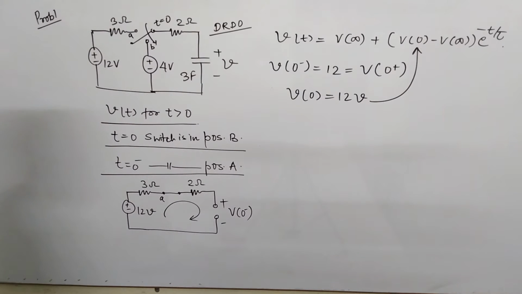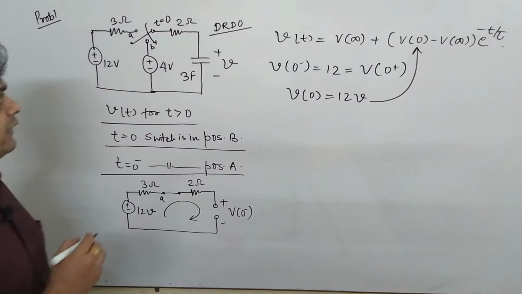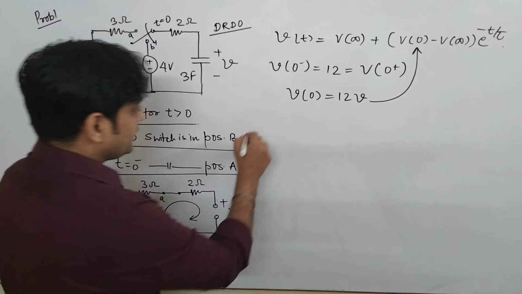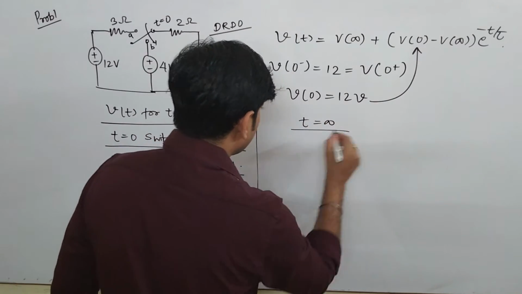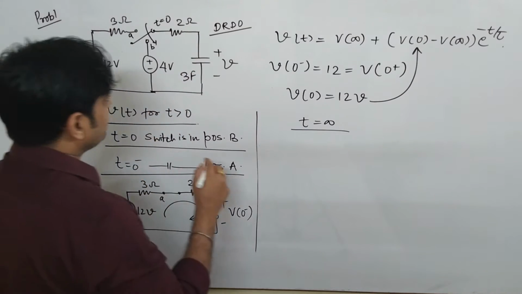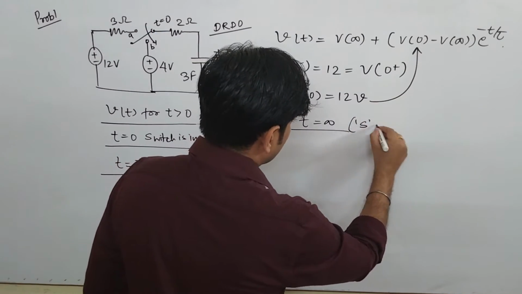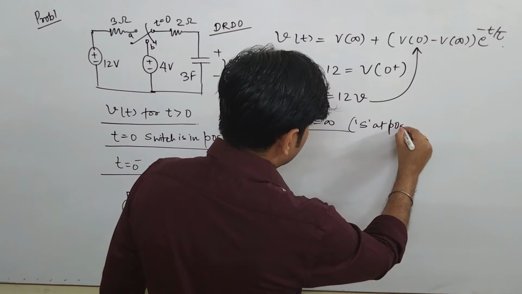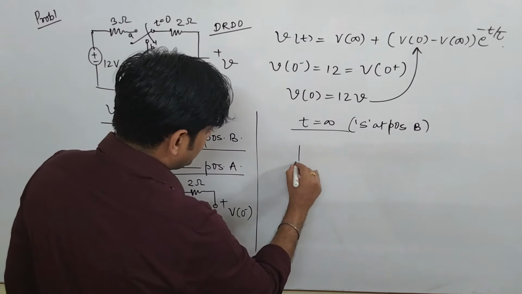Now our task is to find the value of V infinite. For finding the value of V infinite, we will redraw the network. This is for the initial condition, this is for t equal to infinite. At t equal to infinite, the switch S will be in position B. Okay, so this will be your network.